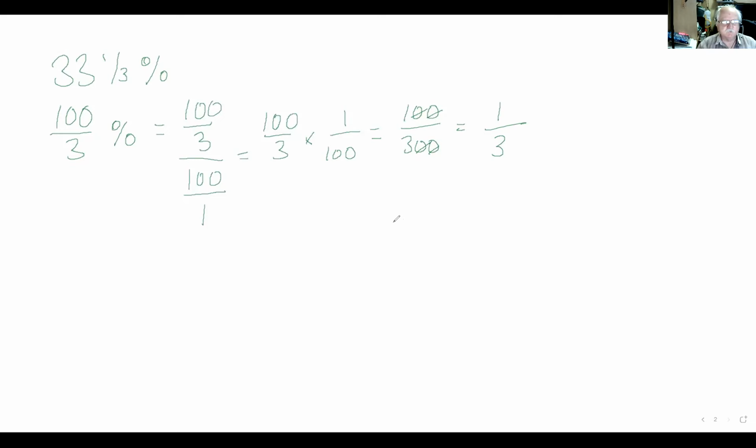And I've put that table on your formula sheet. So you don't necessarily have to memorize it, but there's a few of them you're going to memorize, like 16 2/3% equals 1/6. That's one of the other ones they use continually.